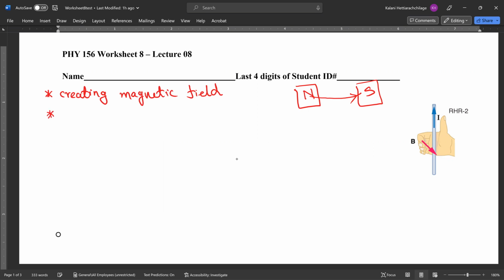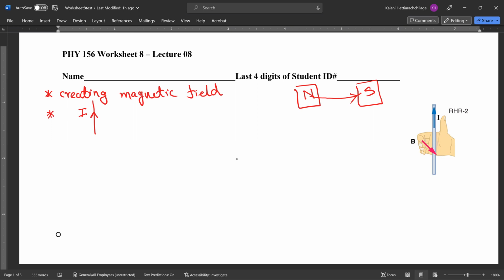If I have a current going in the upward direction, this current carrying wire will create the magnetic field around the wire. Now if you use this right hand, we call it the second right hand rule, as you can see on the right side. Thumb again to the current. Thumb in your right hand is current always.